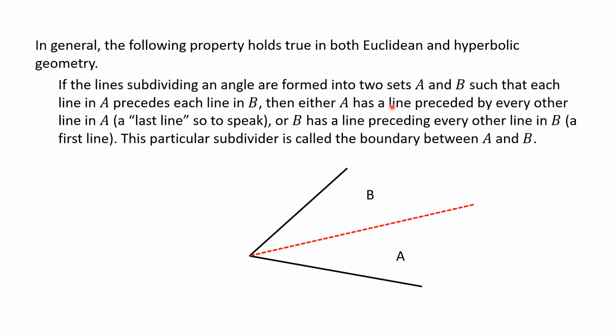Either A has a line preceded by every other line in A, so that's this dotted line here.